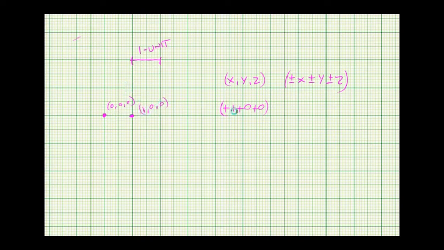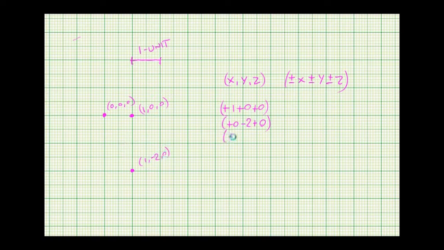Now we can write another line of code under this one. Say plus 0, minus 2, plus 0. And this is going to tell us that the hand moved 2 units down. So we were at 1, 0, 0 before this line, and afterwards we'll be at 1 plus 0, 0 minus 2, 0 plus 0, or 1, minus 2, 0.